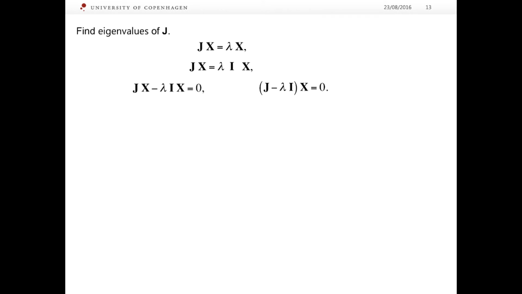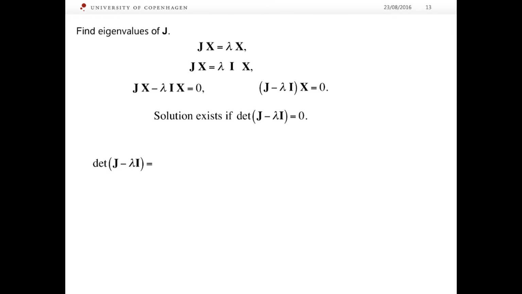From linear algebra, we know that the solution for x exists only if the determinant of the matrix in brackets is equal to 0. Now, to ensure that the solution for x exists, we need to ensure that this determinant is indeed equal to 0. And this can only happen if lambda takes appropriate values.